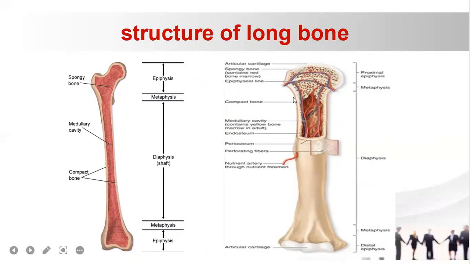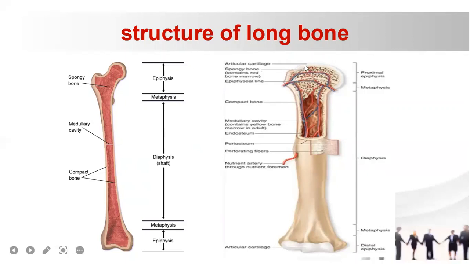In this advanced one, we have also the covering of the bone, the periosteum, the perforating fibers, and the nutrient arteries entering through the periosteum. We also have the compact bone here. We have the epiphyseal line around here. We have the spongy bone here, and the spots are the red bone marrow.